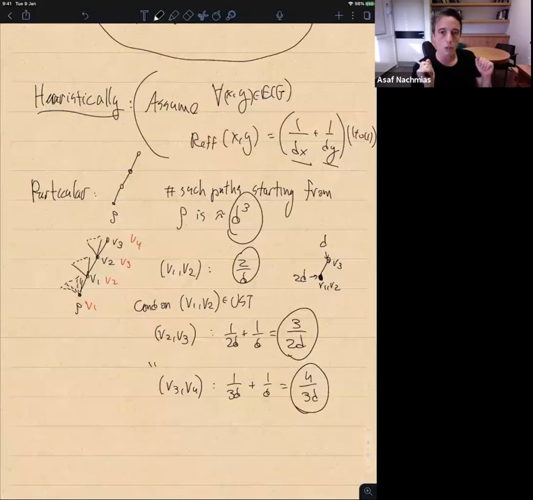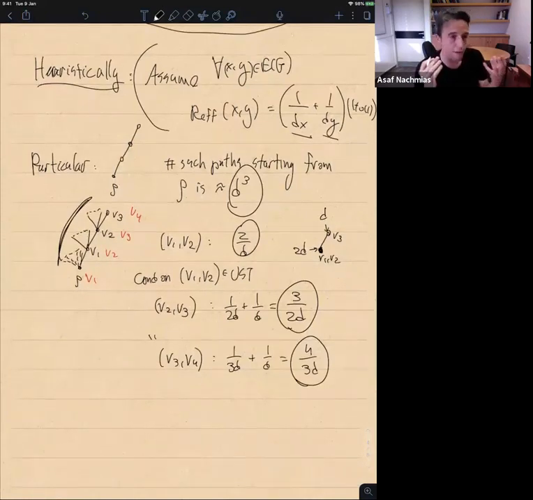Of course, this is not the end, because I also have to make sure that all of these edges are closed. So let's do this calculation. After I condition on the path v1, v2, v3, v4 being in the uniform spanning tree, I contract it all.